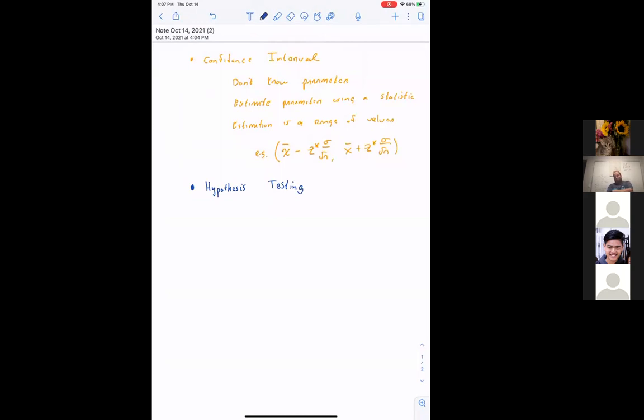The intervals are your confidence intervals, and the other half are your hypothesis testing situations. So this was chapter 16, and hypothesis testing is chapter 17.